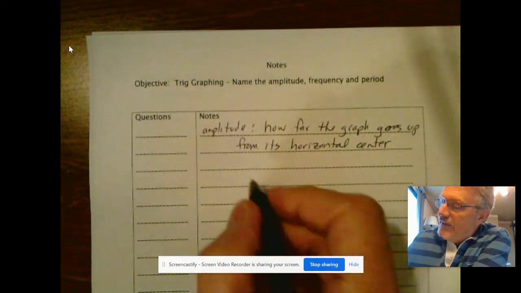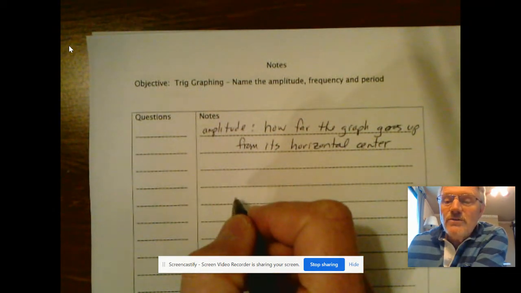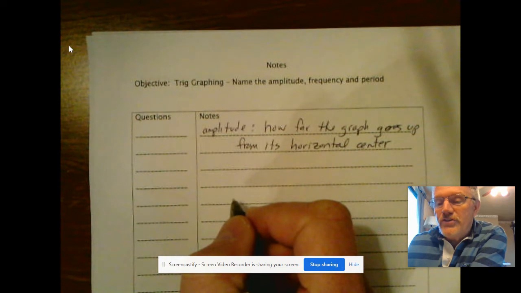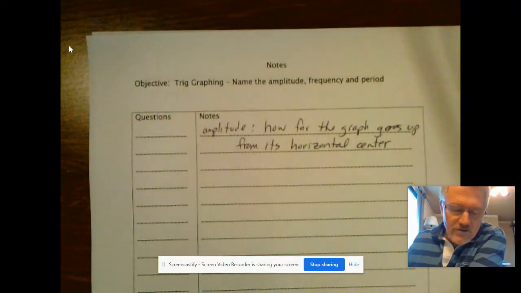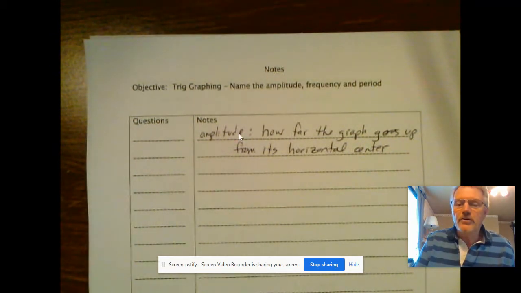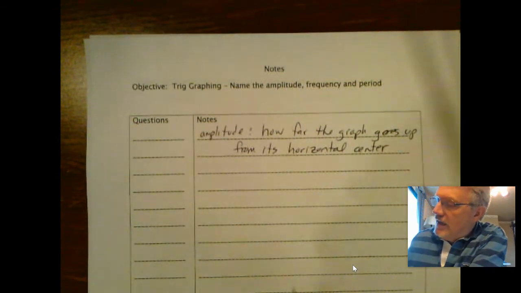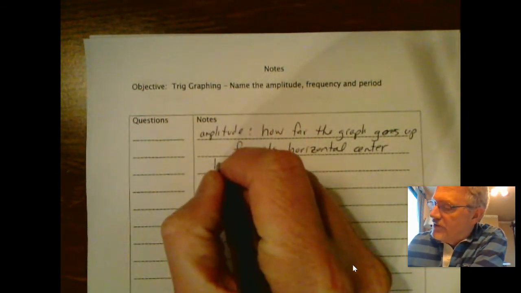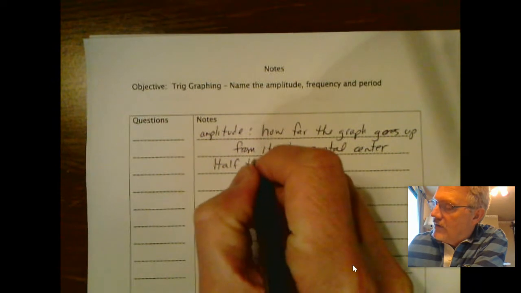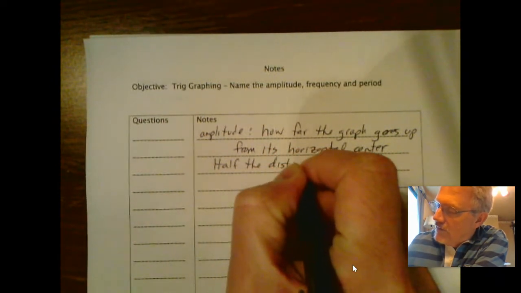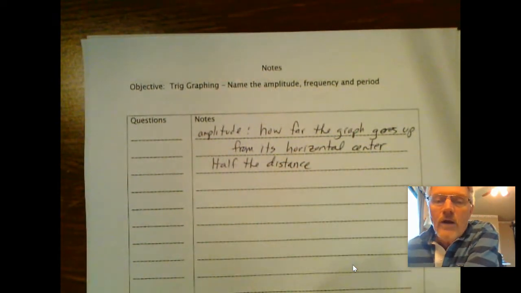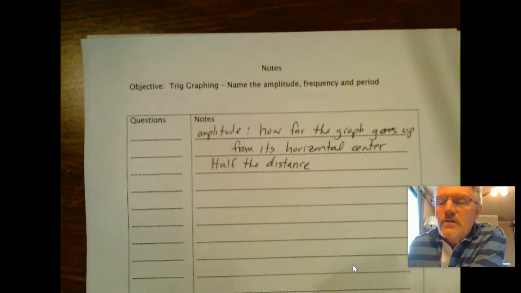Now the textbook definition, because sometimes you do need to think about this when they make a bunch of weird changes. You're really not going to have to look at those too much this year, but there are some major transformations that occur to these graphs. So the textbook definition is half the distance. Remember, distance is always positive, can never be negative, so this is going to be a positive number.